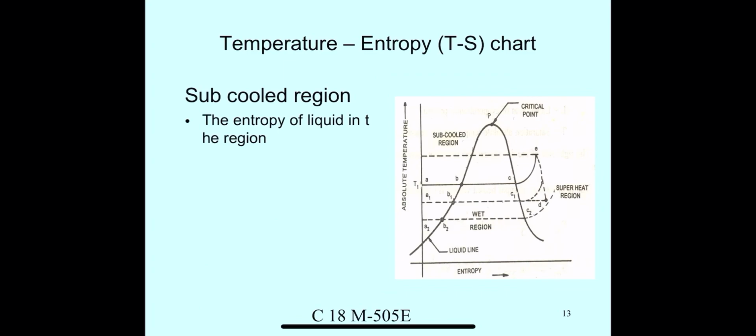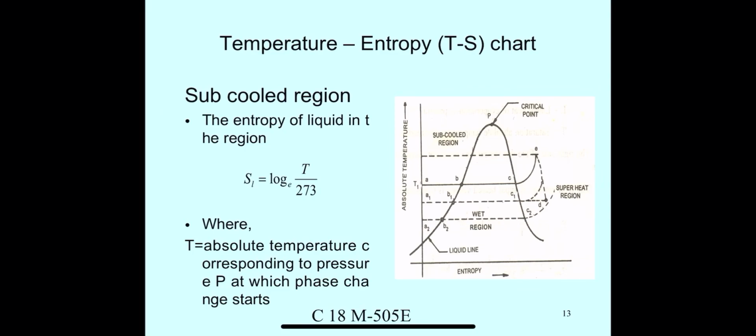The entropy of the liquid in this region is S1 equals log of T by 273, where T is the absolute temperature corresponding to the pressure P at which the phase starts.